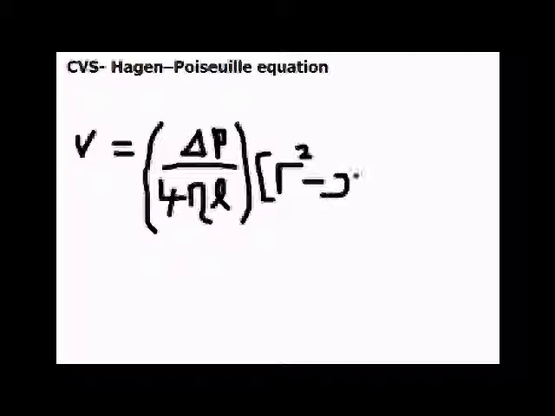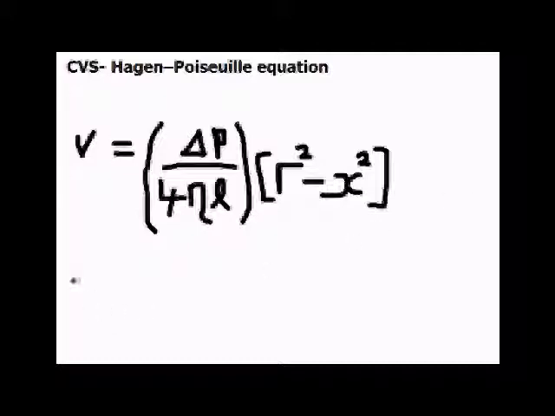And then we have R squared, which is the radius of the entire pipe, minus x squared, which is the radius of our small column of fluid. And this will have a parabolic form, as would be predicted from such an equation.